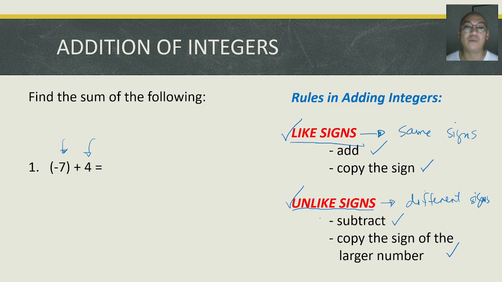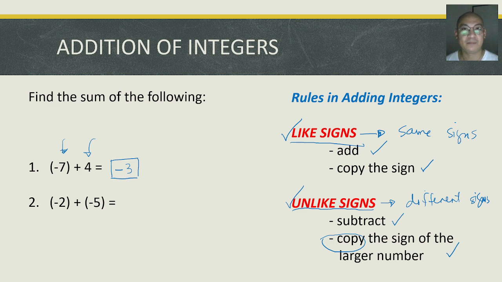So what we are going to do first is subtract 7 minus 4, we have 3. And then we're going to copy the sign of the larger number. The larger number between 7 and 4 is 7, and that is negative. So the answer is negative 3.